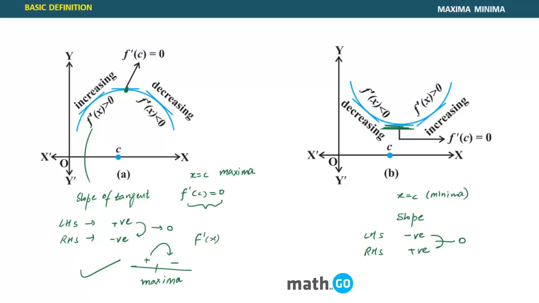And whenever f dash x changes from negative to positive, from left to right hand side, this signifies a point of minima. So you can tell whether it's a point of maxima or minima by using f dash x. I'll explain this when we talk about the methods of finding maxima and minima.